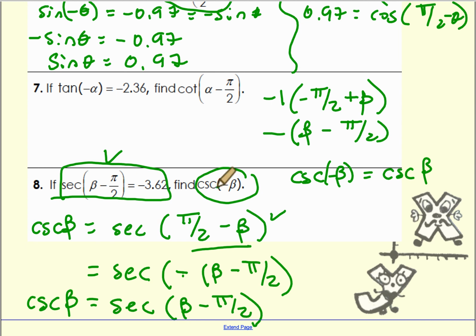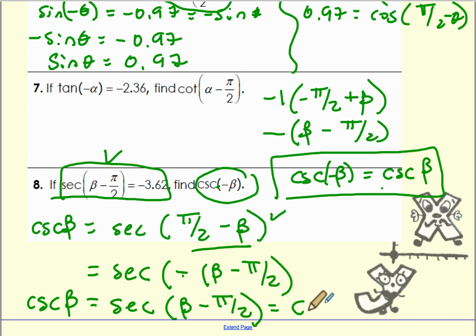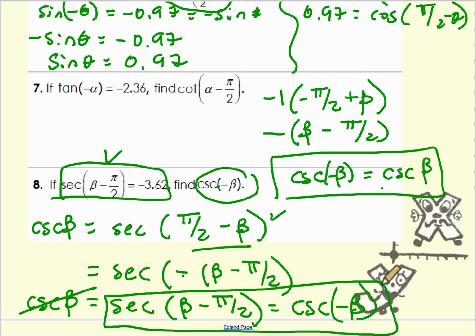Now I'm trying to find the cosecant of the opposite of beta. And I know that because of my even odd functions, the cosecant of beta is the same as the opposite of the cosecant of the opposite of beta. So the cosecant of the opposite of beta is equal to the secant of beta minus pi over 2.